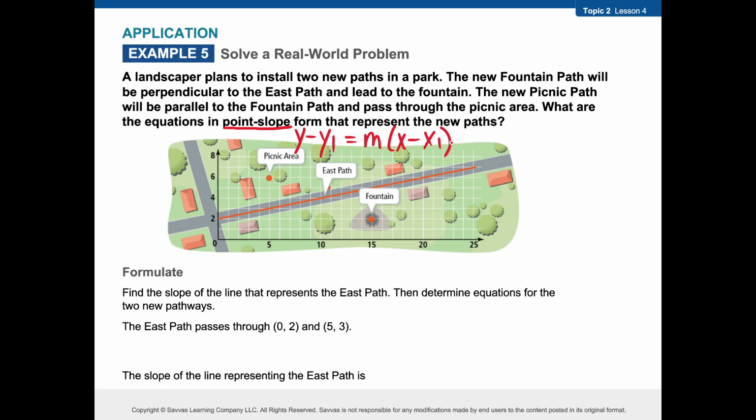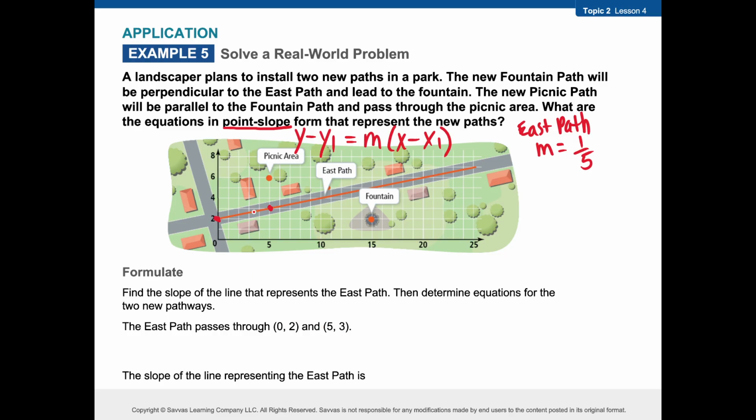Alright, so step 1, find the slope of the line that represents the east path. This starts here at (0, 2). There's another point here. So it goes up 1, 2, 3, 4, 5. So the east path has a slope of 1 over 5.